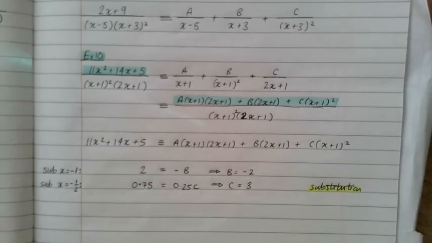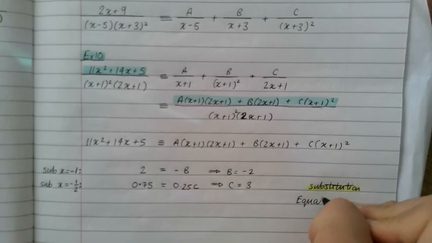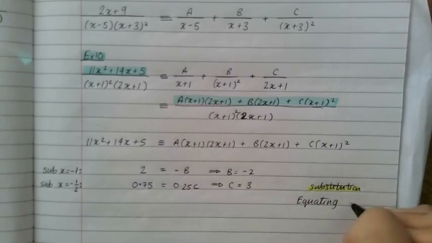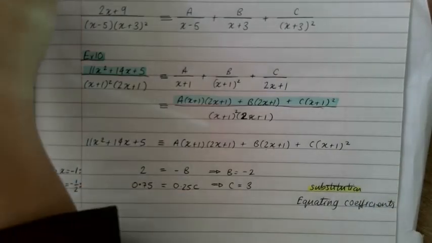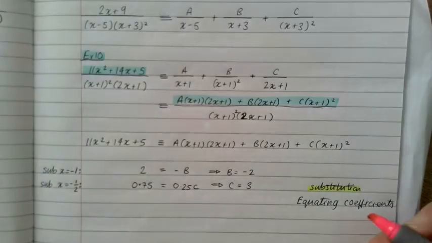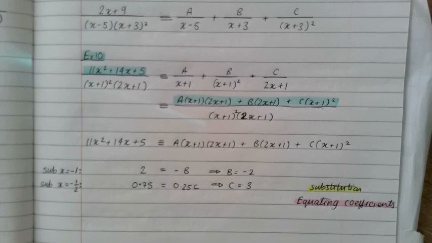So we're actually going to go to the other method and use equating coefficients to find our value for a. So we're using both of the methods that we learnt within one question.